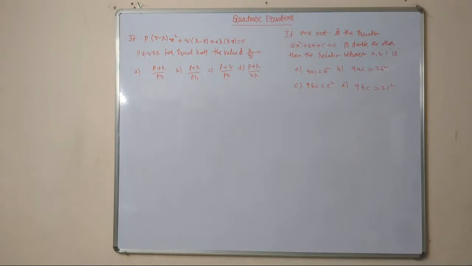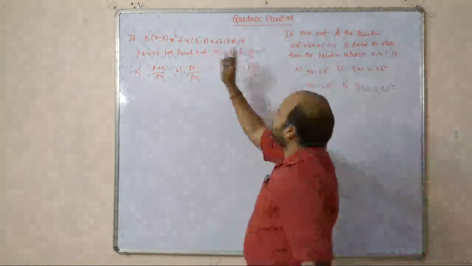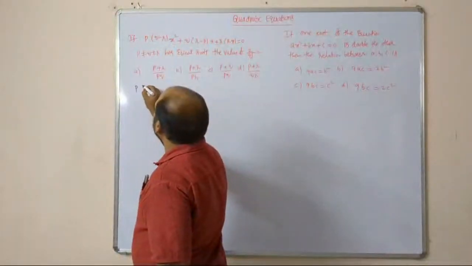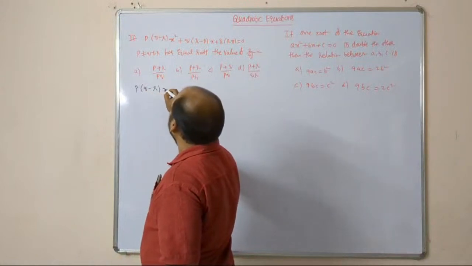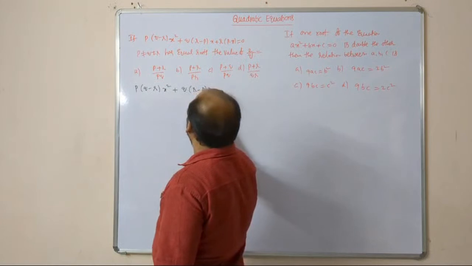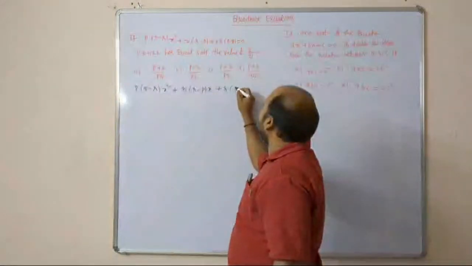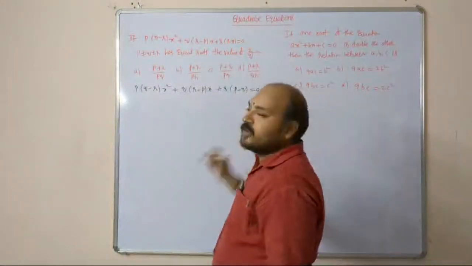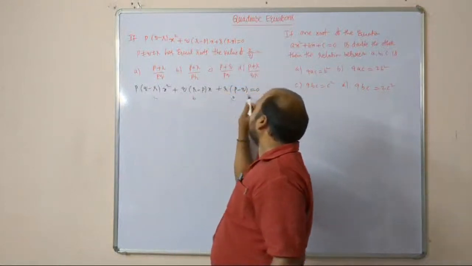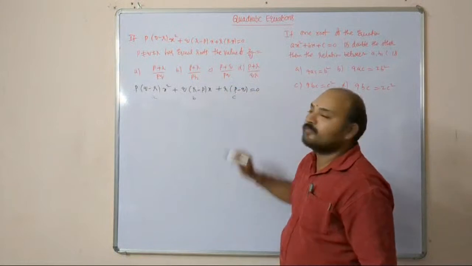So how to do that? What is the given quadratic equation? p into q minus r into x square plus q into r minus p into x plus r into p minus q equal to 0. Compare with ax square plus bx plus c equal to 0.